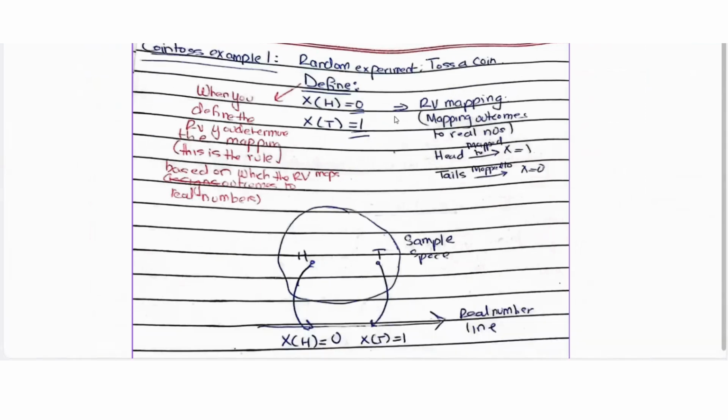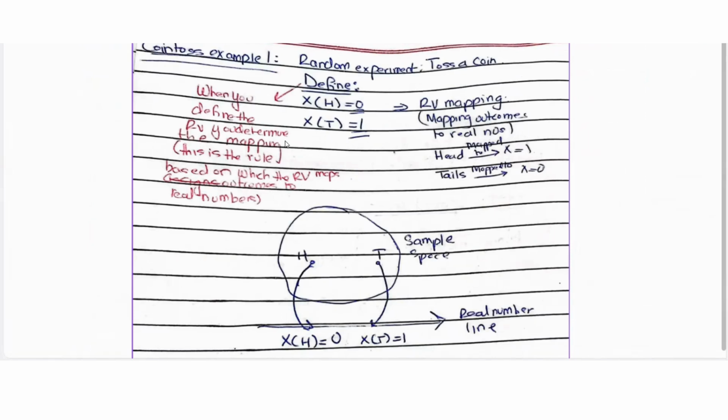The first example is that we have a random experiment where we toss a coin. Now we will define this random variable x that maps head to 0 and tail to 1. So this is the random variable mapping that we're defining, where we're mapping the outcomes in the sample space, head and tail, to real numbers. So we're mapping head to 0 and tail to 1. Whenever you define a random variable, you are determining the mapping.